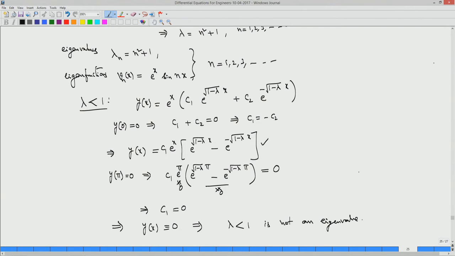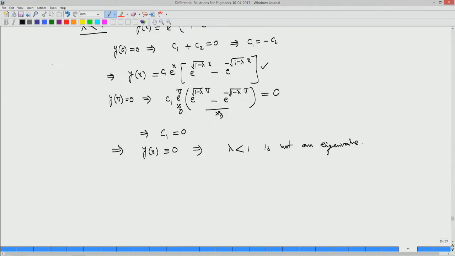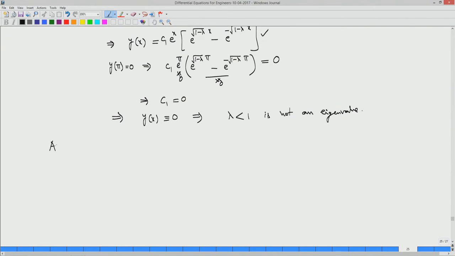So what you have found is that only these are your eigenvalues and these are your eigenfunctions. So any piecewise continuous function f of x, with the domain between 0 and pi, can be written as a Fourier series.